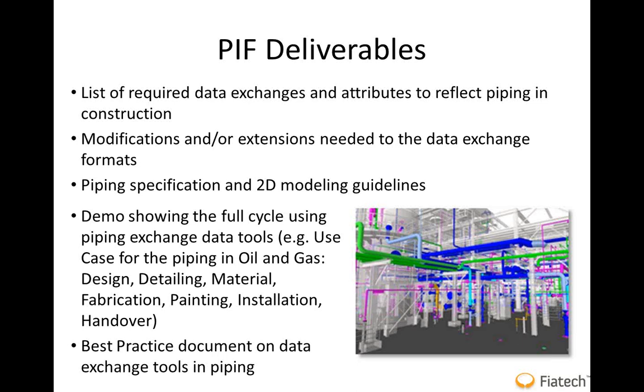We want to modify or extend the current data exchange format, whether we want to go with the PCF or whether we want to go with another format which is compliant with ISO 15926, but either way a modification or extension is really required. We want to define the piping specification, which is normally the heart of the piping definitions. And then we want to show some demo which shows the full cycle.